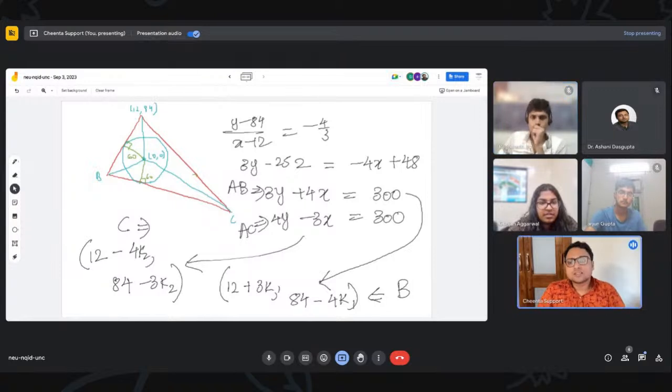So there is a distance formula from a point to a line, right? Maybe we can equate that. I'm just thinking if there are.